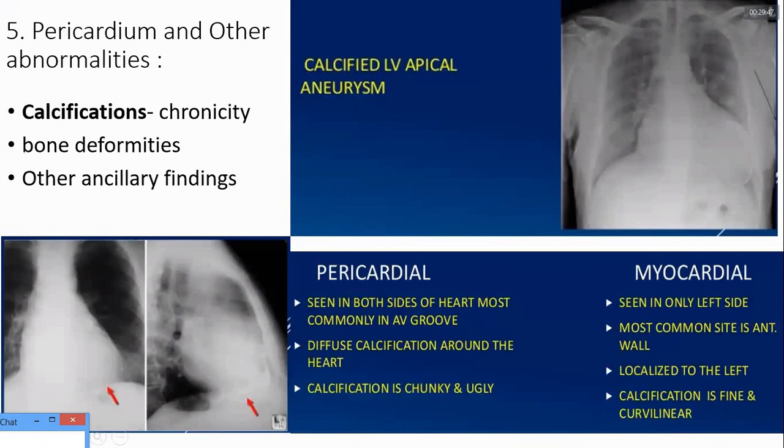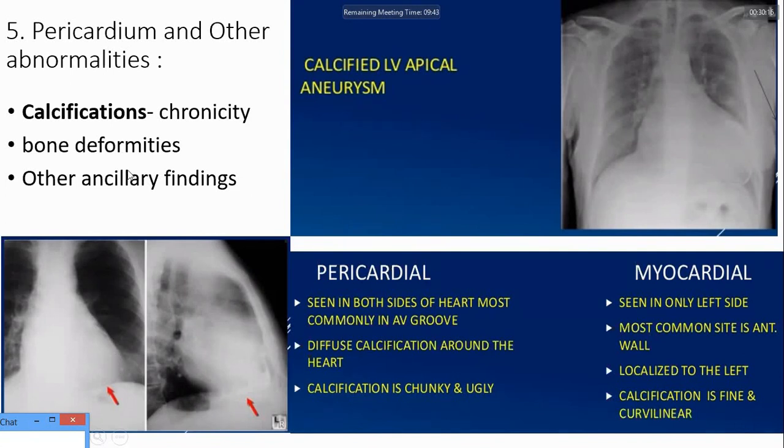Now, the pericardium and other abnormalities. For the pericardium, we have to look at the contour of the pericardium, the calcification, and the associated opacities. Firstly, the pericardium is a sac-like structure overlying the whole heart, and we look at the contour of the pericardium, which closely approaches the right border and the left border of the heart.